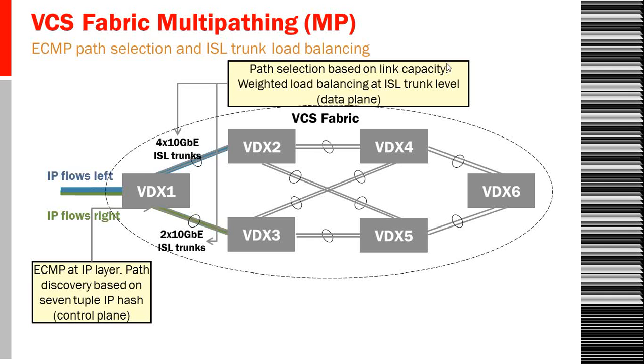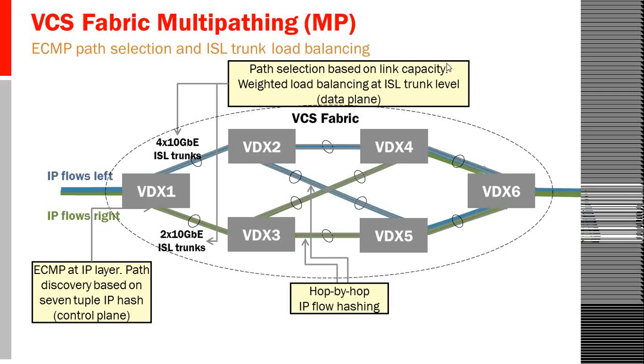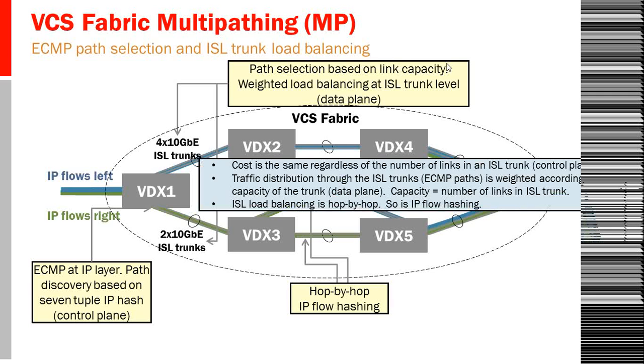In other words, we know that we've got twice as much bandwidth in the northbound direction as in the southbound direction, so we would ascribe twice as many flows to the north direction as the south. That carries on at every hop right the way across the fabric.